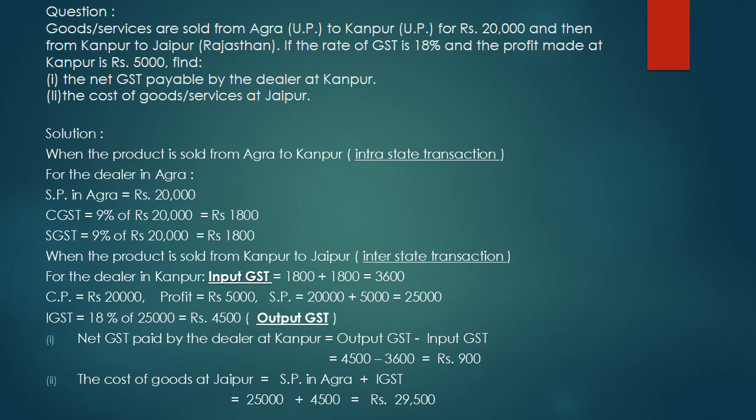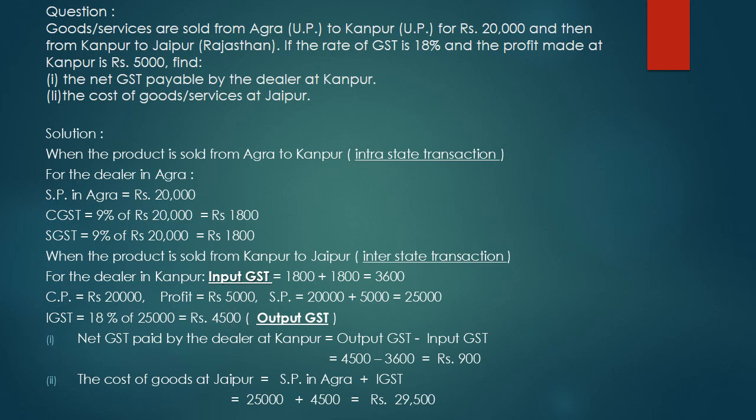Then SGST will also be the same, 9% of rupees 20,000, equal to 1800 rupees. Then for the dealer in Kanpur, total tax, the input GST, will be 1800 plus 1800, equal to 3600 rupees.